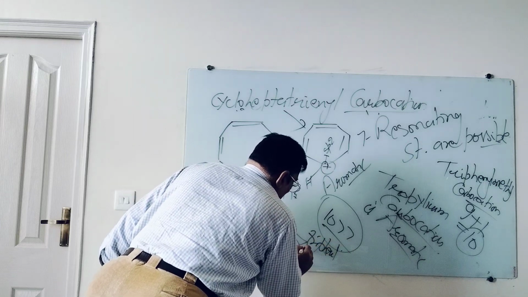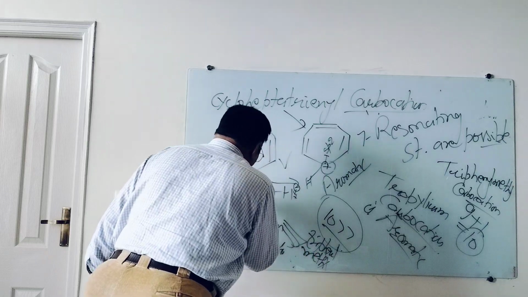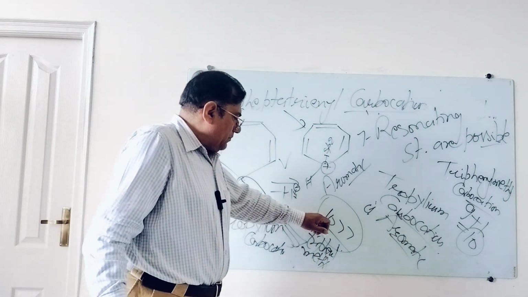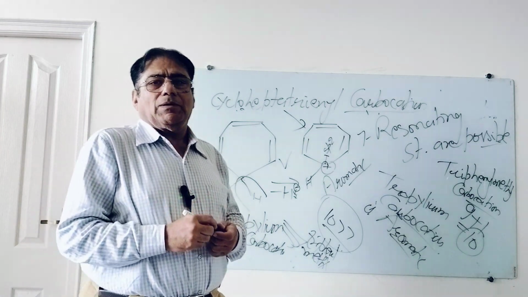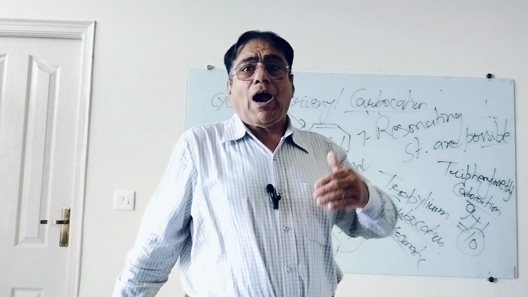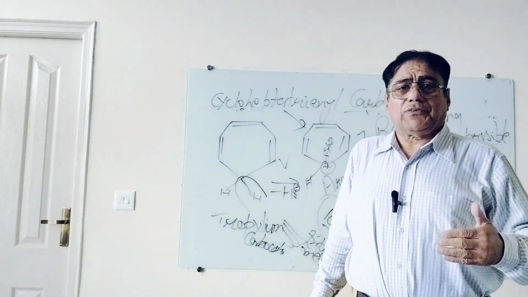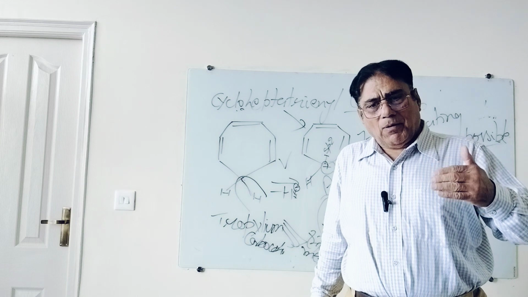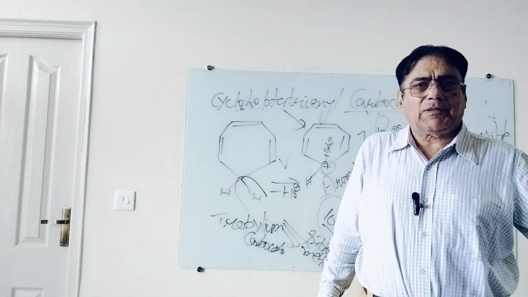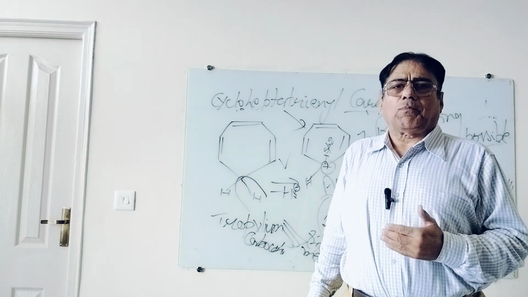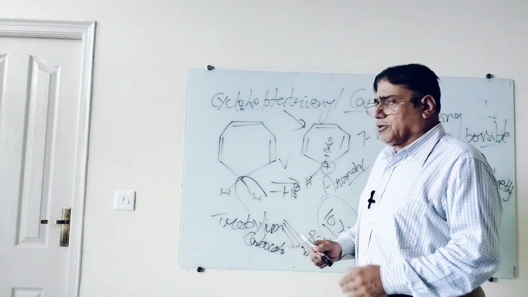What did I say earlier? The carbocation which has fewer resonating structures is more stable. Means the statement I gave earlier is not applying here. If the stability of a carbocation increased with the number of resonating structures, triphenyl methyl should be more stable than tropylium. But the situation is reversed.